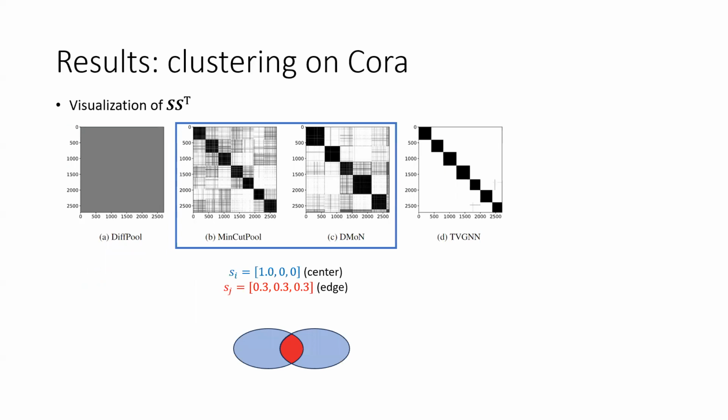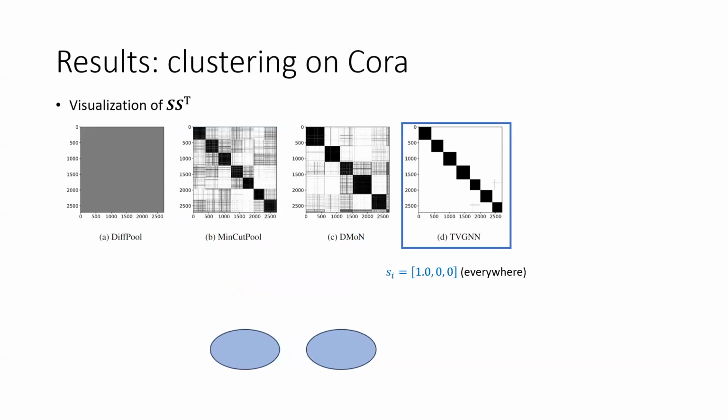For MinCutPool and DMoN pool, we see a block structure, but there are also non-zero elements in the off diagonal. This is because while the assignments are sharp at the center of a cluster, they tend to be smooth at the cluster edge, probably because there is some overlap, which indicates that the clusters are not well separated.